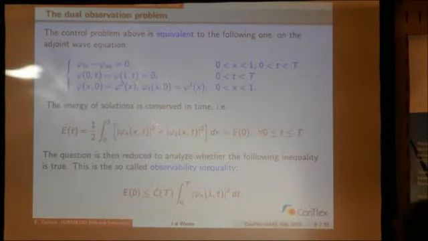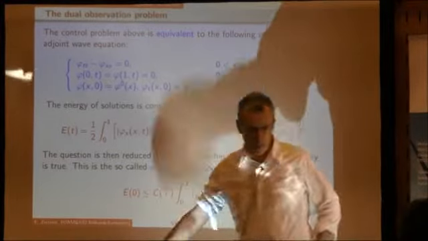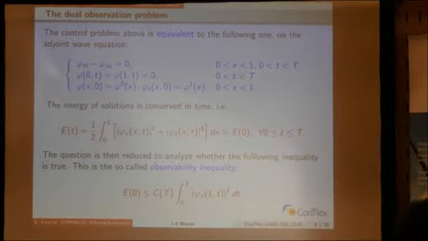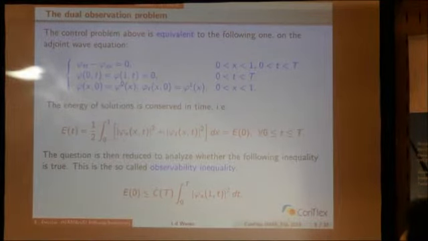What you can do in the computer is to solve some finite difference or finite element discretization of the wave equation. Okay? So what the algo says, the algo is that way.